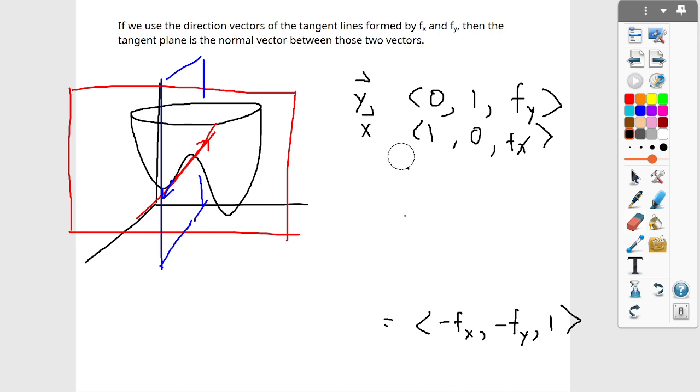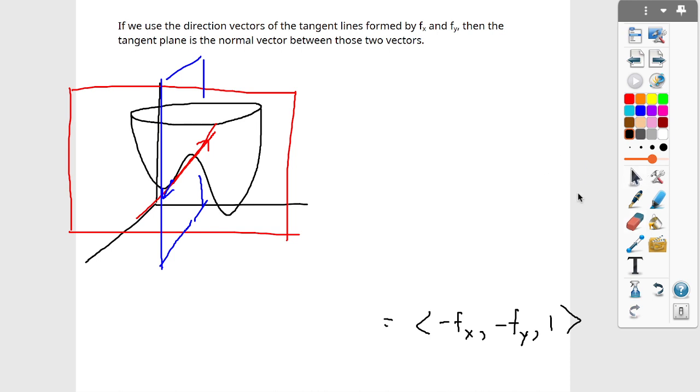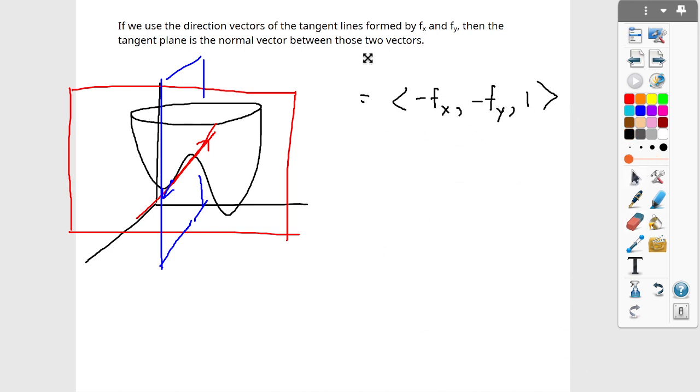So I'm just going to cross out all of this for now, and then this is our equation of the plane. We're going to say that this point is x0, y0, z0. Right? x0, y0, z0.